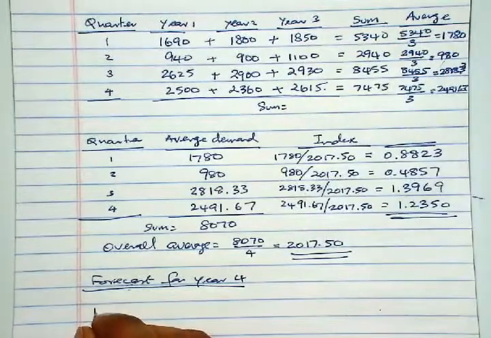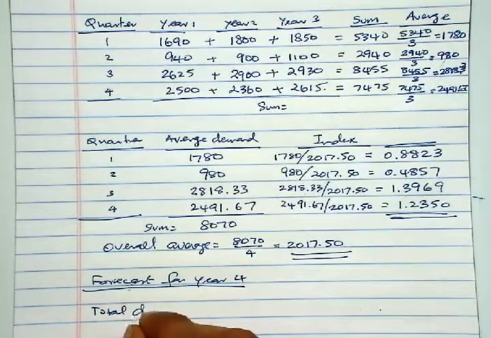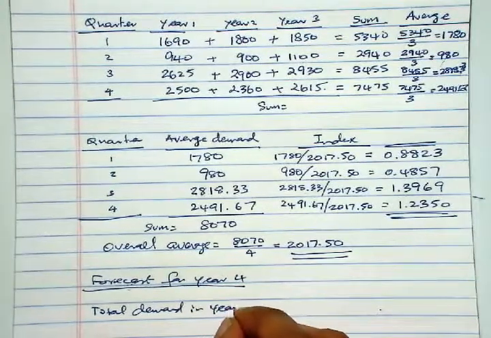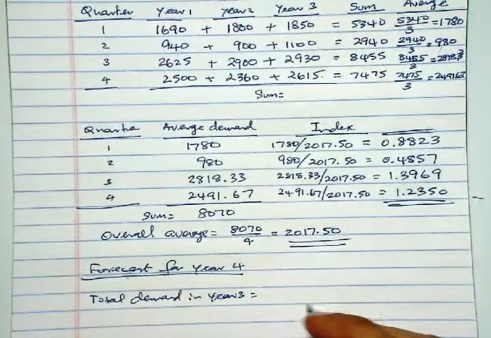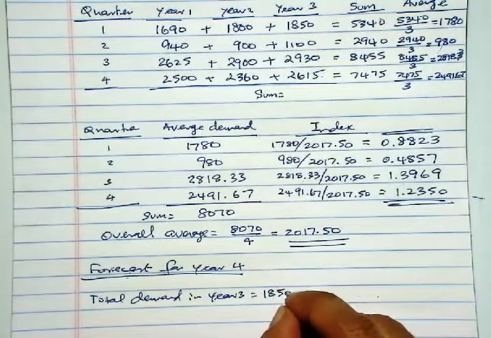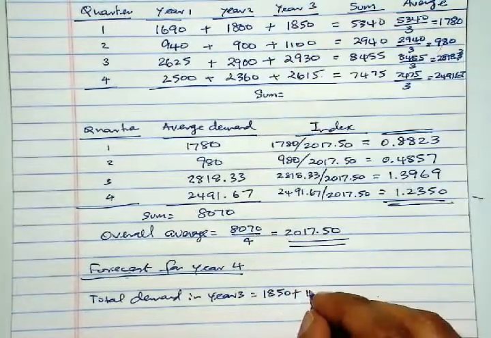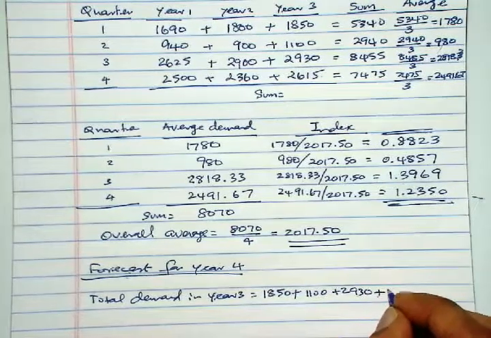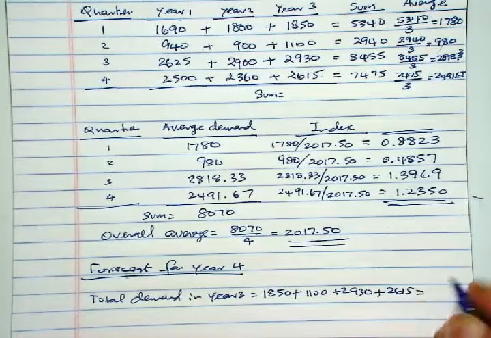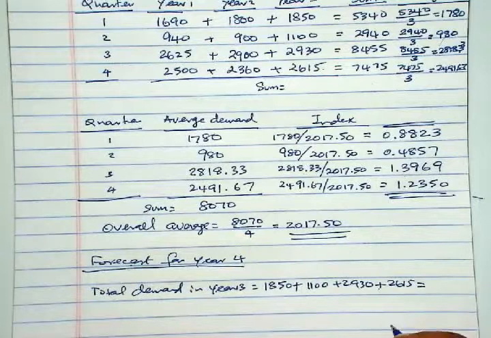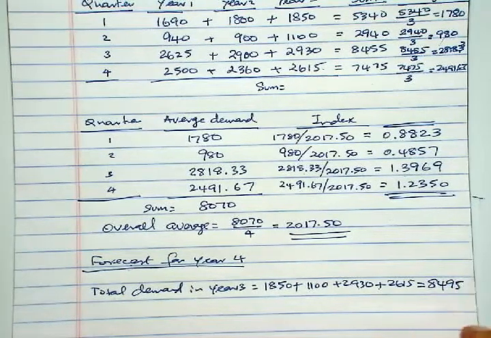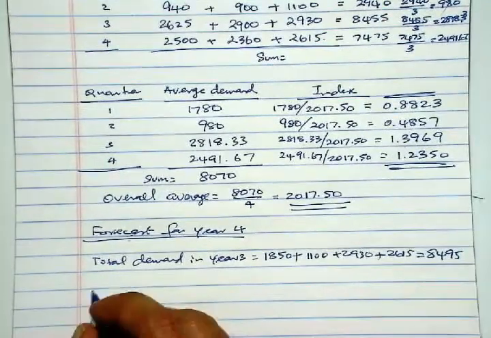So total demand in year 3 is 1850 plus 1100 plus 2930 plus 2615, and that number is 8495.